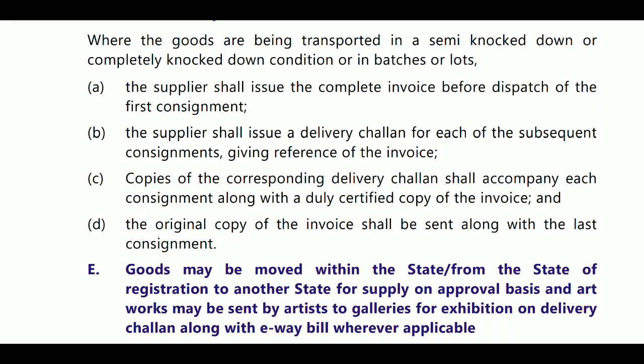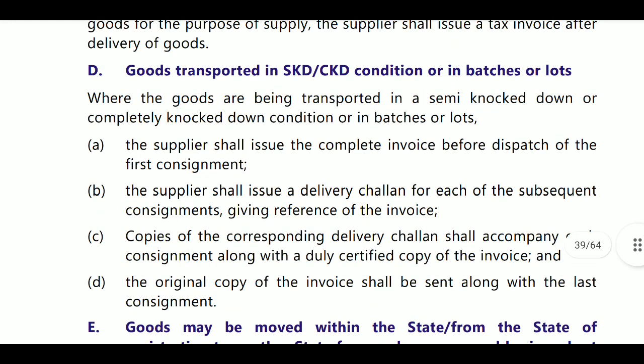So, for the first consignment, you issue the complete invoice before dispatch, and for the subsequent consignments we will issue only the delivery challan for each consignment. For the last consignment we will issue the original copy of the invoice, where the goods are transported in semi knocked down or completely knocked down conditions.